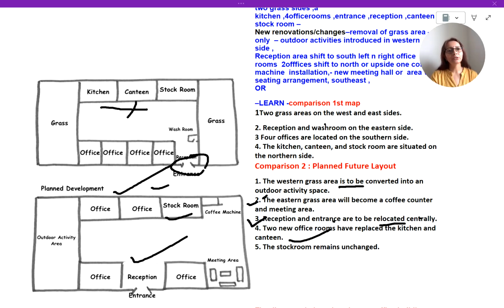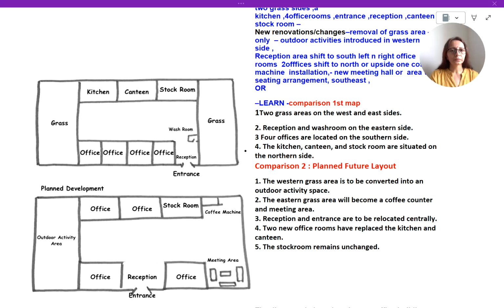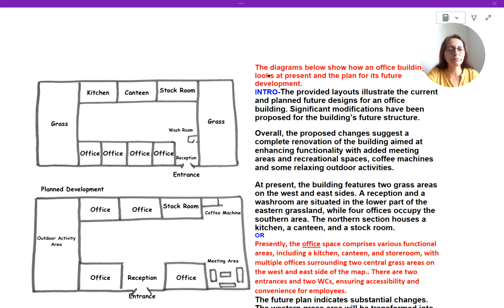Okay, now let's write the introduction. Look at this. First, look at the question statement: the diagrams below show how an office building looks at present and the plan for its future development.